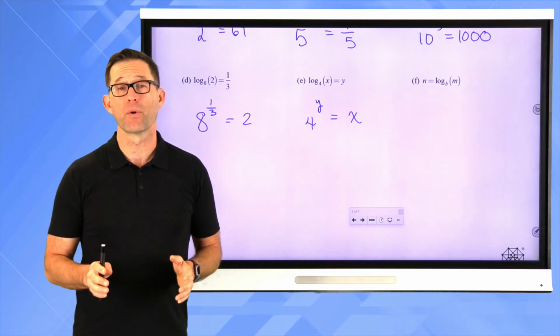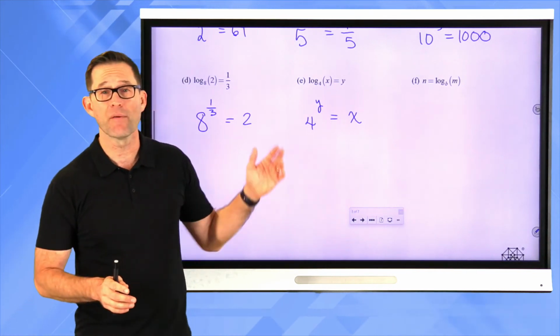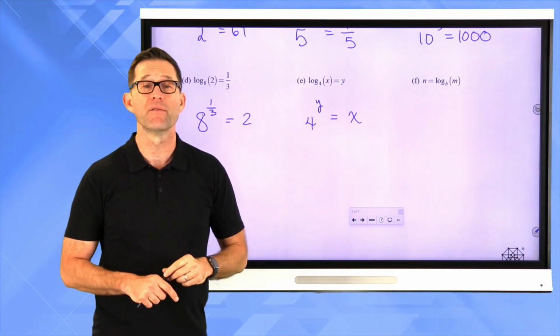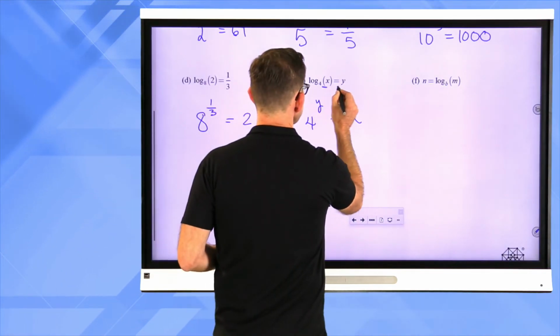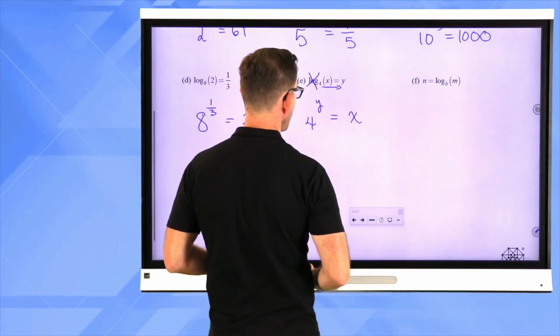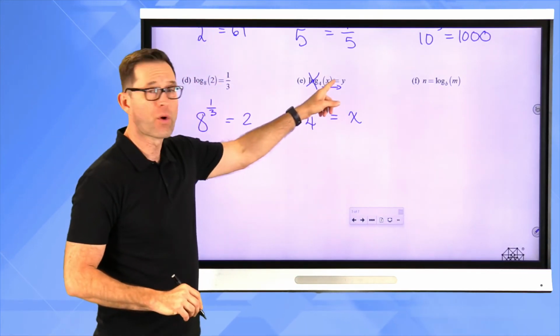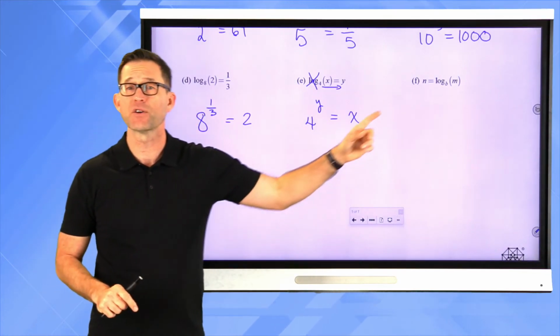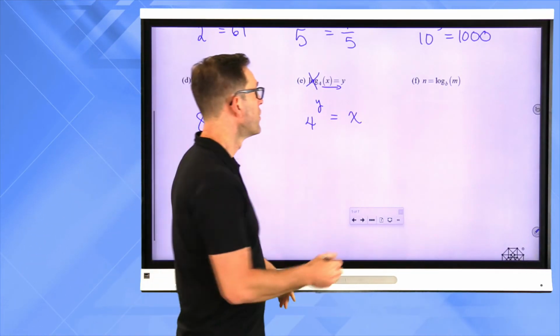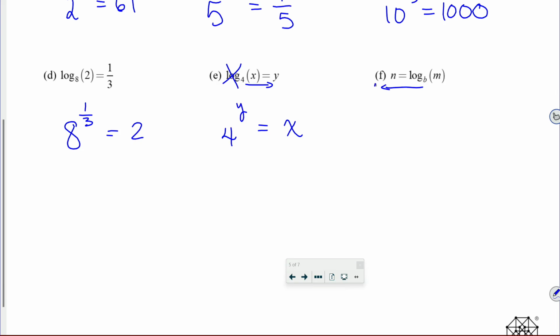But one thing I remember is my high school math teacher saying, look, if you ever have a logarithmic expression and you want to convert it into an equivalent exponential expression, take the base and scoot it over and get rid of the word log, right? So 4 to the y is equal to x. And that is particularly helpful, especially in a situation like this, right, where I can then kind of zoom my base over here and b to the n is equal to m.